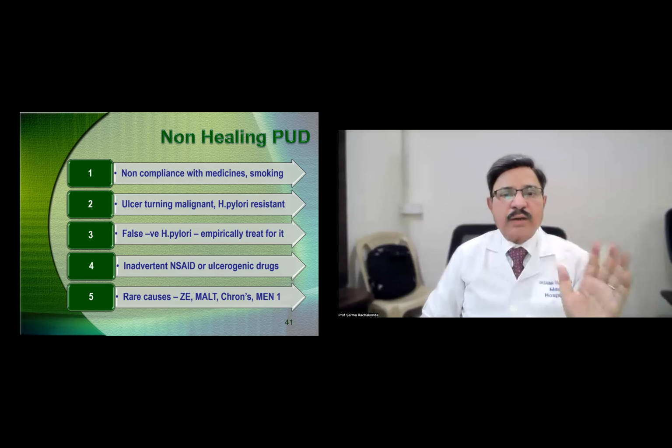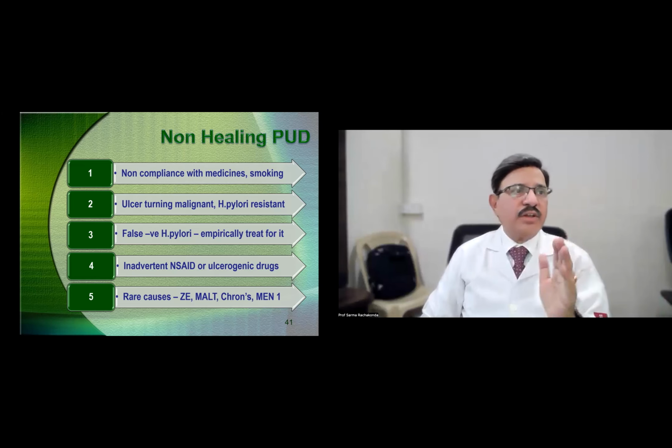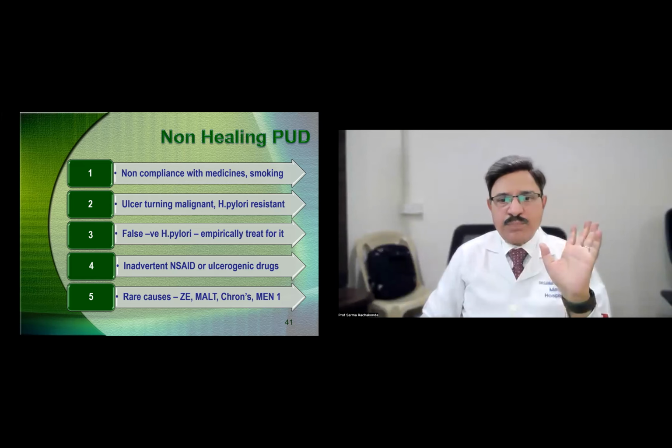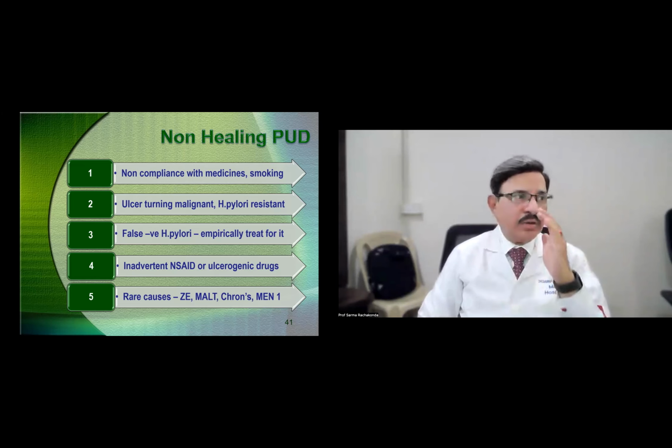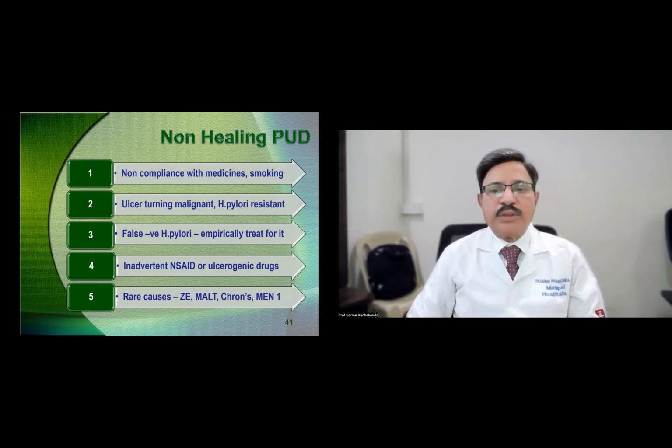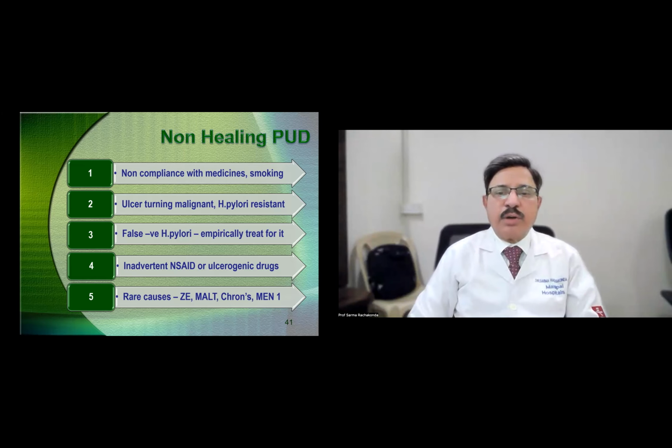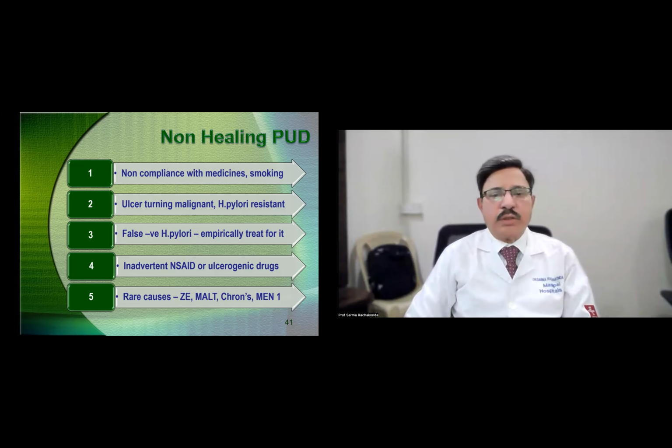The rarer causes are Zollinger-Ellison syndrome, MALT, mucosa-associated lymphoid tumors, and then Crohn's disease and MEN1, multiple endocrine neoplasia 1. Sometime we will discuss multiple endocrine neoplasia. Then you will come to know about MEN1 and MEN2. 2 types are there. I will tell you one day about that. So the rarer causes are ZE, MALT, Crohn's, and MEN.